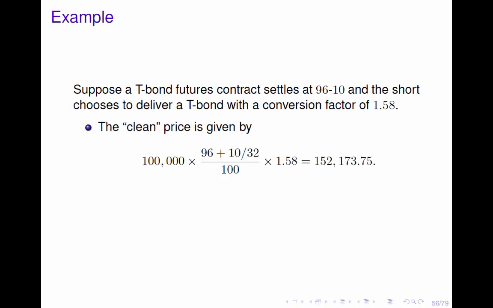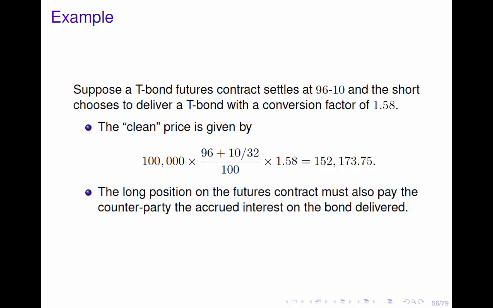Then, the clean price is given by the contract size times the settlement price times the conversion factor, where the contract size is $100,000, and the settlement price per $100 face value is 96 plus 10/32. Note that, in addition to the clean price, the long position on the futures contract must also pay the counterparty the accrued interest on the bond delivered.